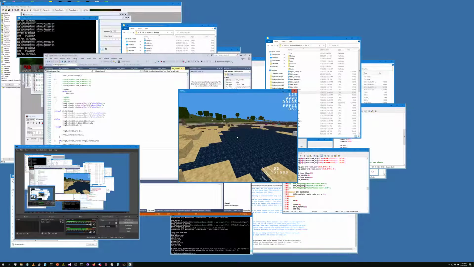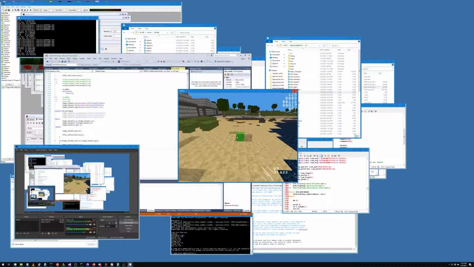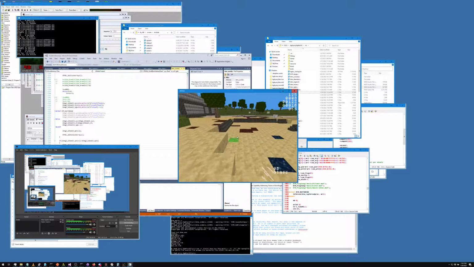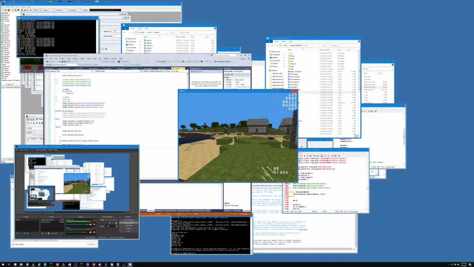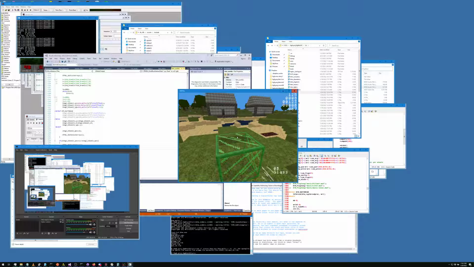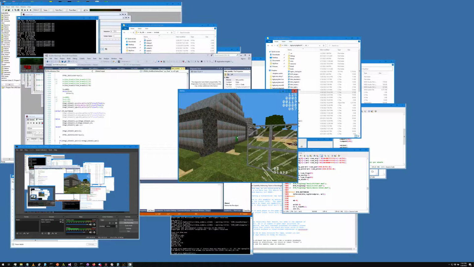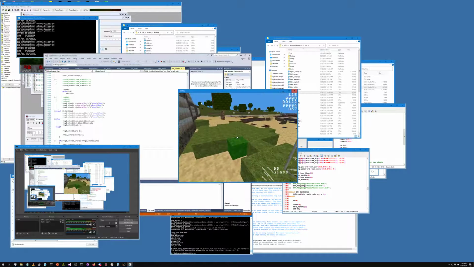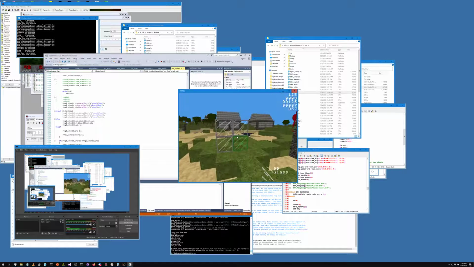Also, I can mention that I now have mouse look, which has probably been obvious thus far. So yeah, I can place blocks and so on, but nothing unexpected there.